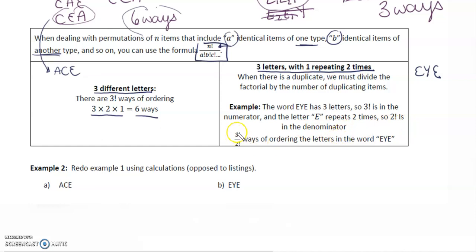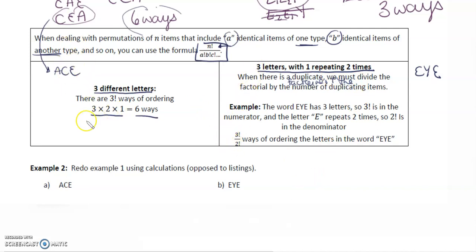So we have 3 factorial over 2 factorial ways of ordering the letters of the word EYE.